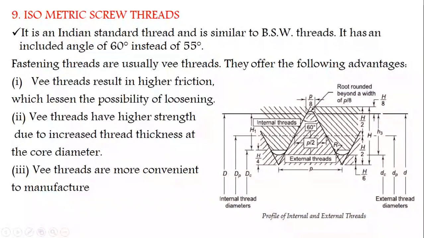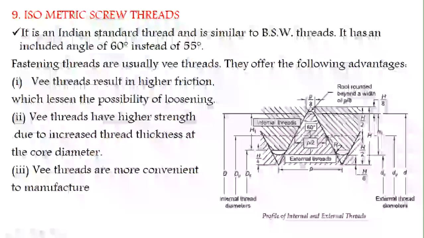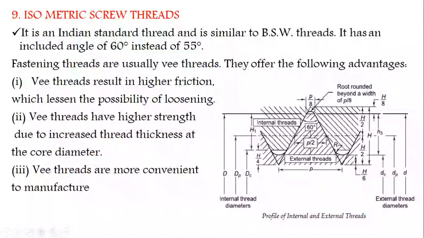The metric threads are divided into coarse and fine series. The thread profiles in these two cases are generally similar. The coarse thread is considered as the basic thread. The coarse thread has the following advantages. The static load carrying capacity of coarse thread is higher.